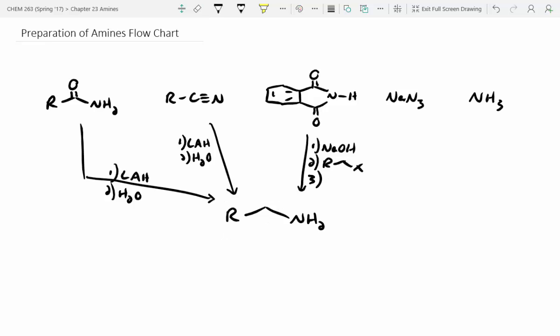It's one of two things. We said hydronium, that acid workup's kind of slow, so what's more common? Hydrazine. So that's our Gabriel synthesis. We said that that works really well.